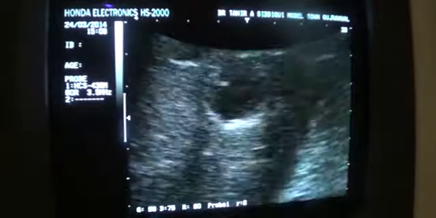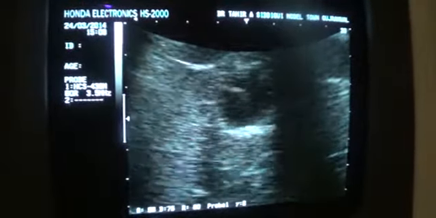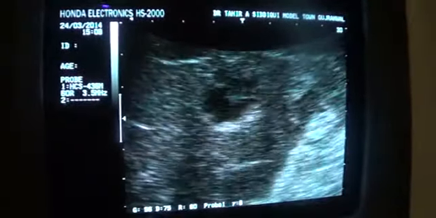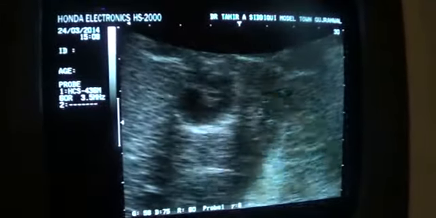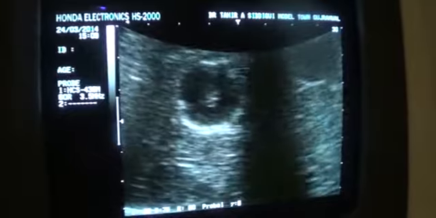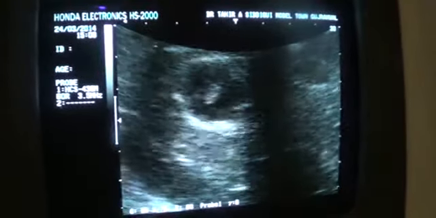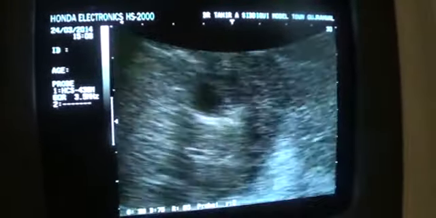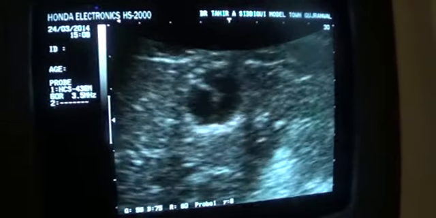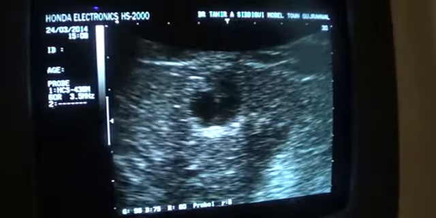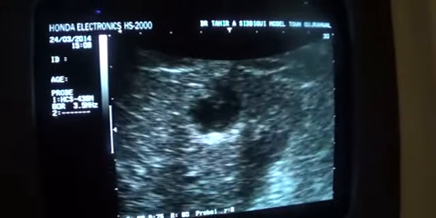Always differentiate a simple cyst versus a complicated cyst by giving a sweep to the probe and seeing whether it changes its shape or doesn't change its shape. Now this cyst is not changing its shape as I am giving a sweep to the probe. Secondly, we don't see any posterior wall acoustic enhancement or strong back wall.